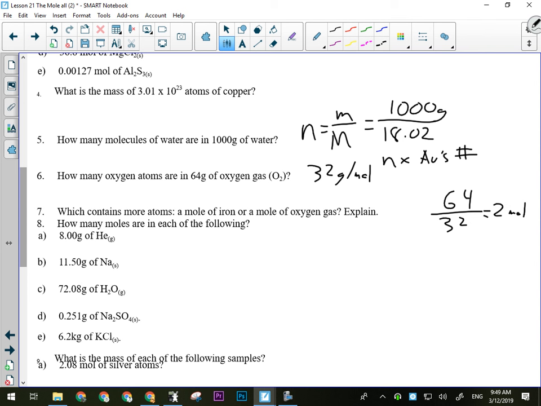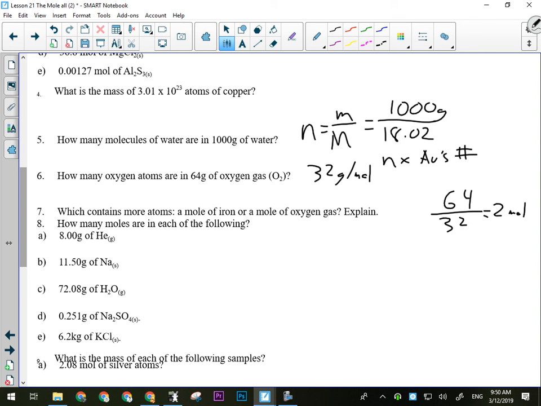When I multiply that by Avogadro's number, I don't get the number in the key, do I? Why not? Exactly. If I do it this way, I calculate the number of oxygen molecules. So I'll get a number that's half of the number on the key because it's the number of molecules. I have to multiply it again by 2 in order to get the number of atoms.